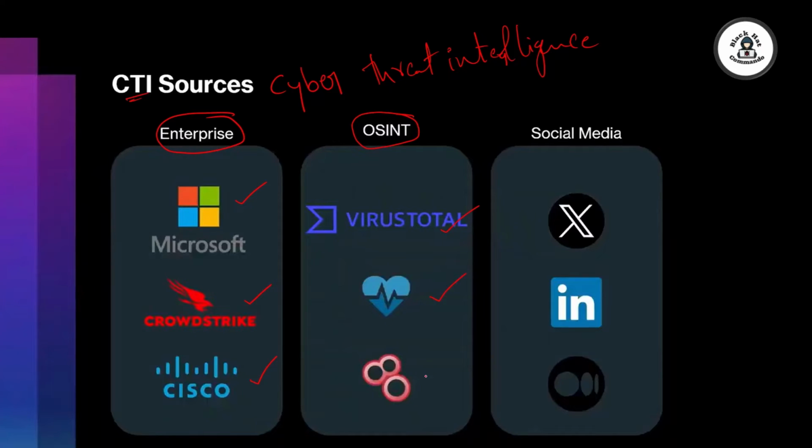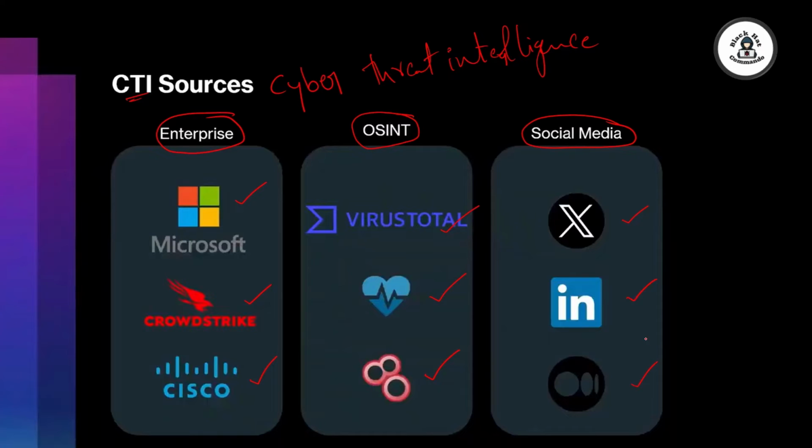Also you can see Shodan.io, which can give information about the whole world through IoT devices. And sometimes cybersecurity people will post different cyber threat intelligence IPs or values on Twitter or X, or on LinkedIn or Medium.